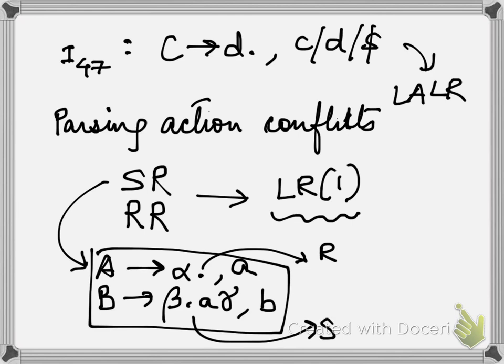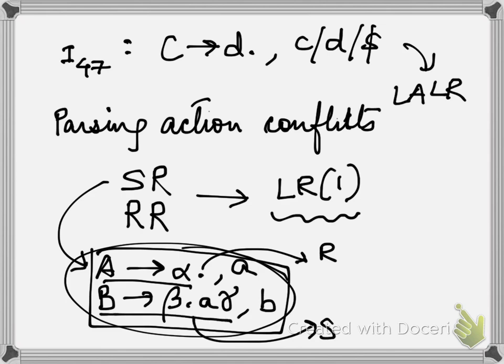So in my LALR, I can have a shift-reduce conflict if in my item set I have something which looks like this. That means I have a production like this and I have a production like this. Now this is possible only if the LR1 items from which we got this new state... Remember, this is a new state, because LALR items we get by merging certain states of LR1 which have the same core.